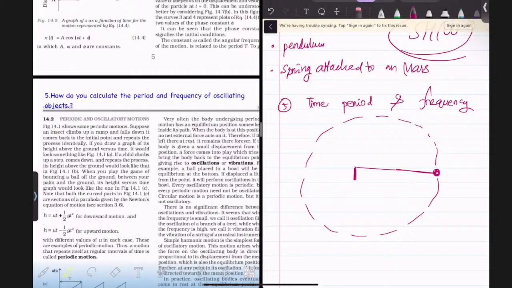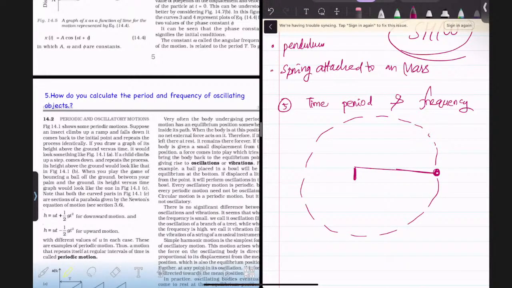ओके, सो टाइम पीरियड का प्रॉपर डेफिनेशन अगर मैं आपको बताऊं तो टाइम पीरियड का मतलब होता है how much time the body takes, listen to me clearly, guys, how much time the body takes to make an entire revolve, make an entire circle.